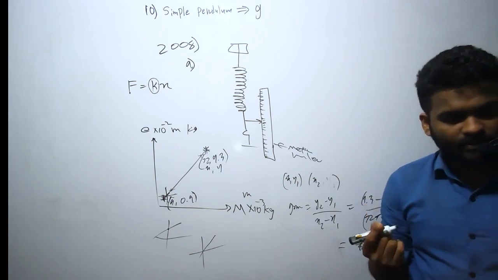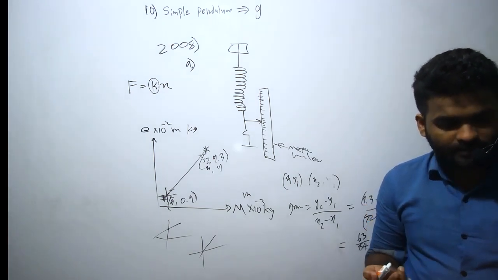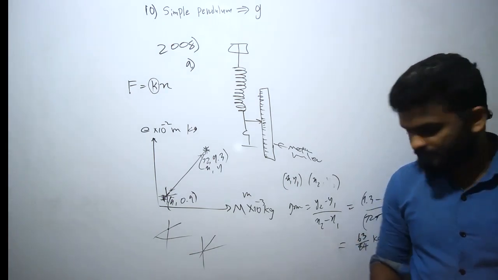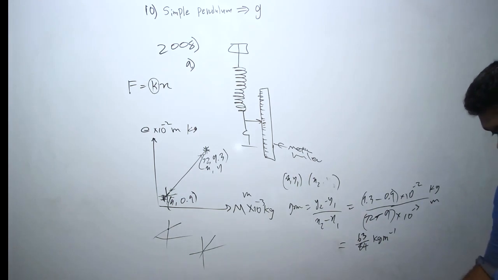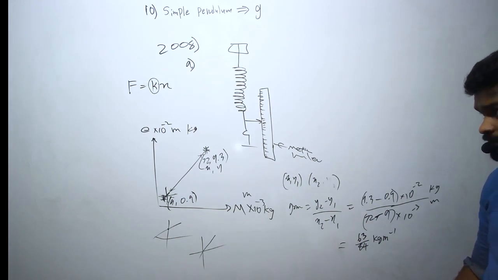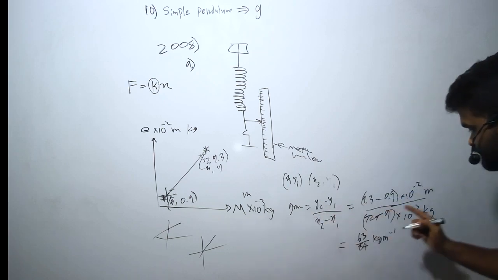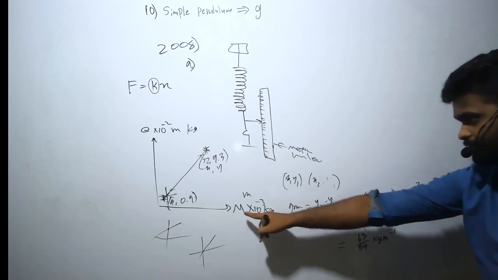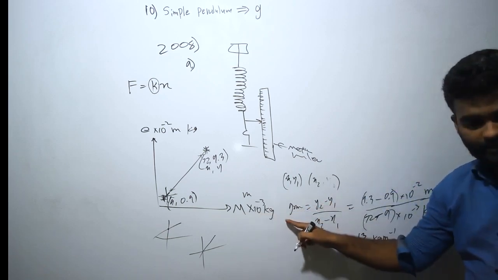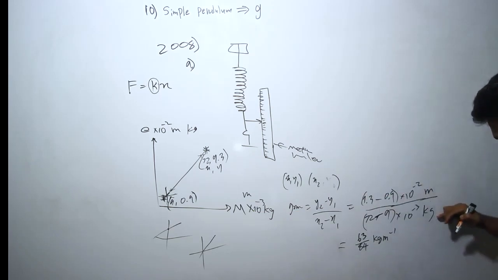But the spring constant, they ask the spring constant in terms of what? Sorry, not kilograms, meters per kilogram, right? Here these are the lengths. These are m, meaning x coordinates. Y divided by x, meters.